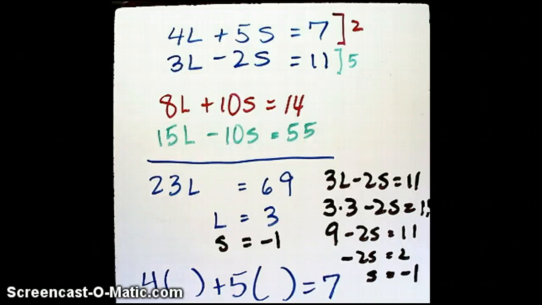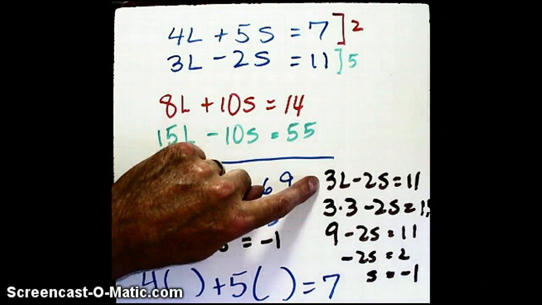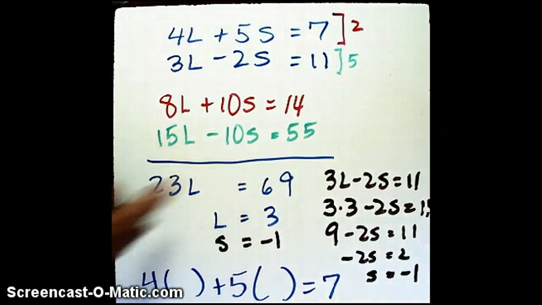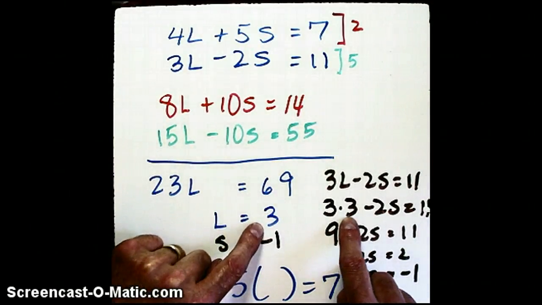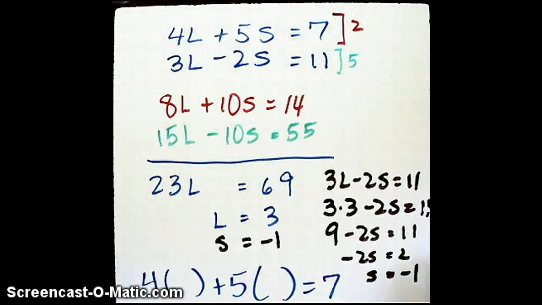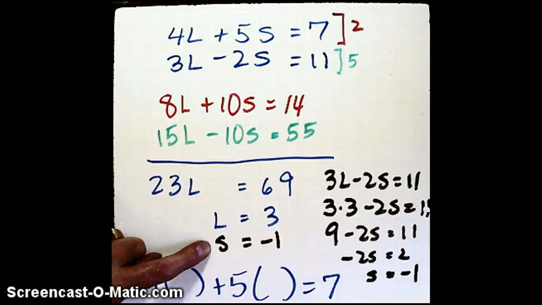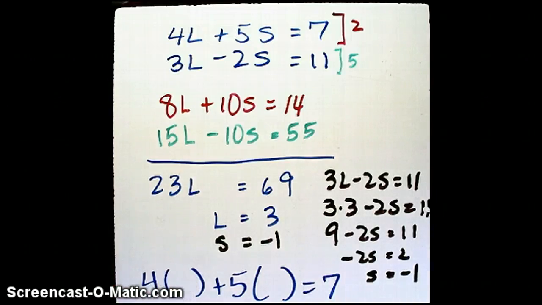Now I picked the bottom one because it looked a little easier. So over here, 3L minus 2S is equal to 11. I substituted this 3 in for L, and I ended up with this equation right here, which solves to negative 1. So that tells me that the smaller integer is negative 1, and it is further to the left on the number line.